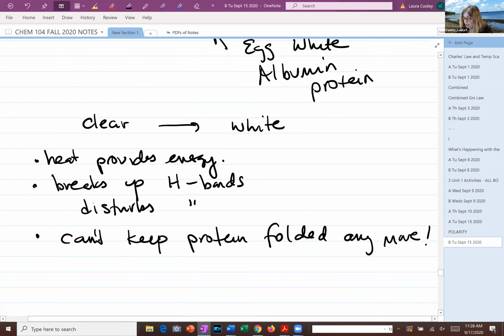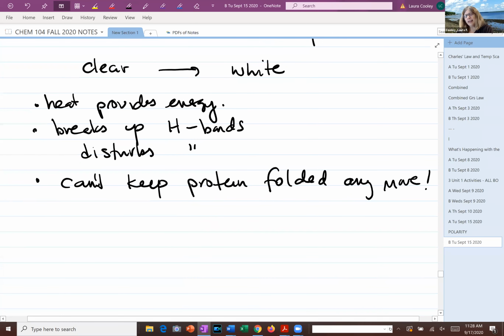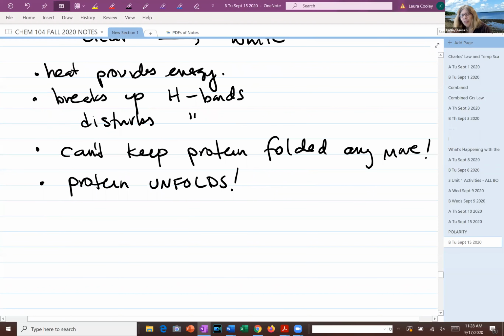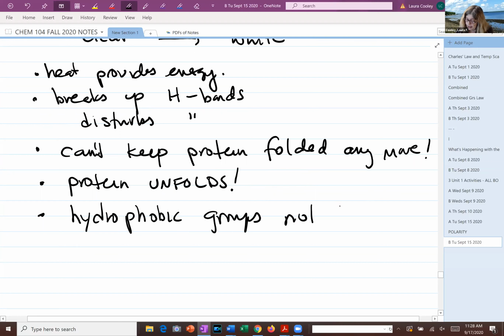So what is the result? The protein unfolds. And guess what? When it unfolds, all those nice water-loving groups and all those nice water-hating groups are now on the outside. They're no longer on the inside. So the hydrophobic groups are not hidden on the inside anymore.